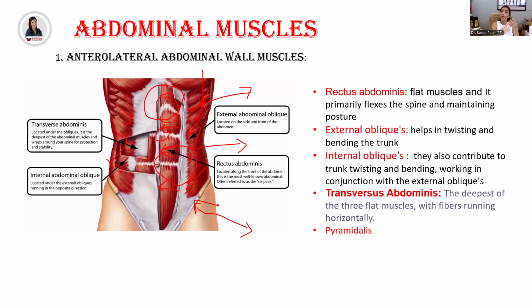Assume a pregnant female: when the uterus is expanding, the uterus needs space, so the first pressure it puts is against the transverse abdominis muscle. So that will start getting stretched out. That much deeper muscle is present, and that also has an aponeurosis, and that also has this kind of fusion.